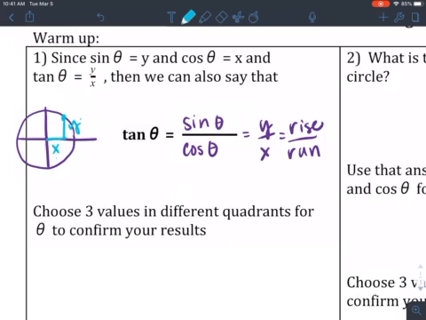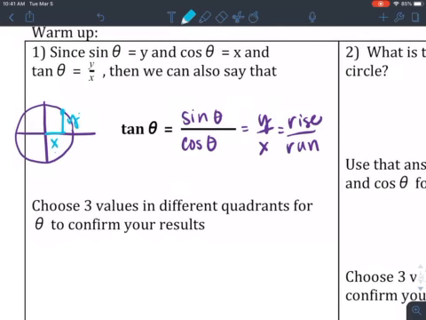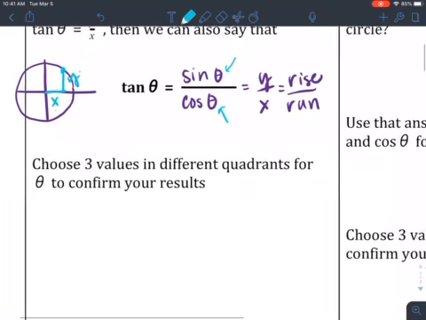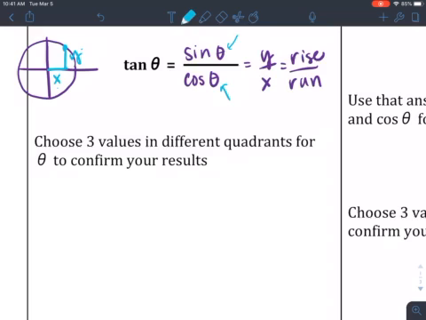What an identity is, is that when I input anything for theta, this relationship is true. So it's not good for just one angle. This calculation, sine theta over cosine theta, will always equal tangent theta, no matter what angle I put into the equation. So I'm going to try it.